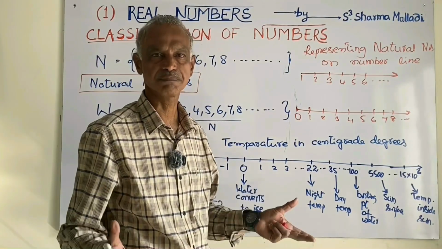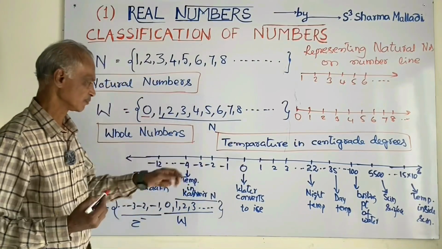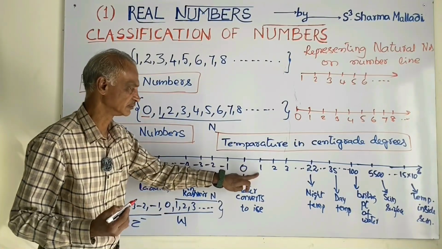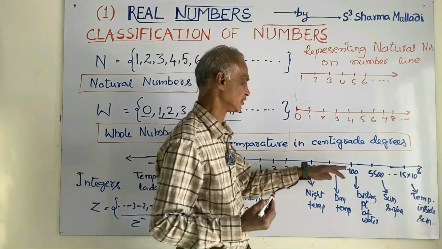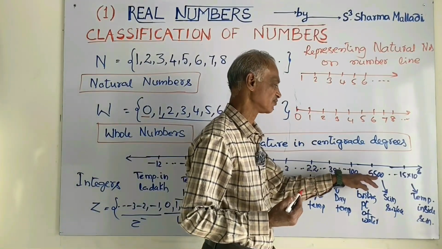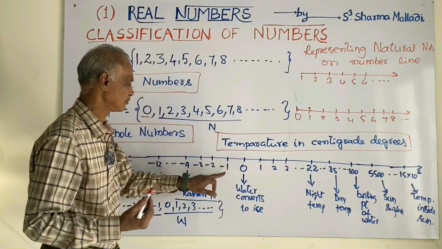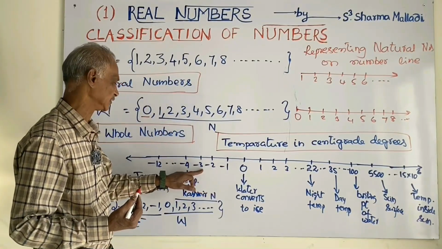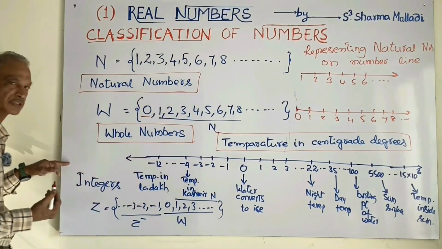How can you represent temperature? Temperature in centigrade degrees. See, 0, 1 degree, 2, 3, 4, 5, 6, 22, 35, 100, 5500, 15 into 10 to the power of 6. And 0, -1, -2 degrees, -3 degrees, -4 degrees centigrade, -12 degrees. It goes like this.